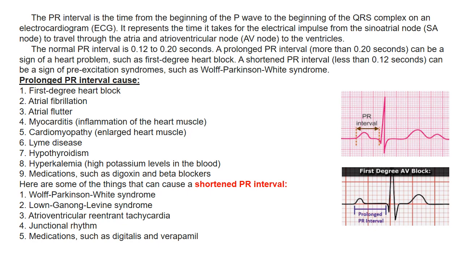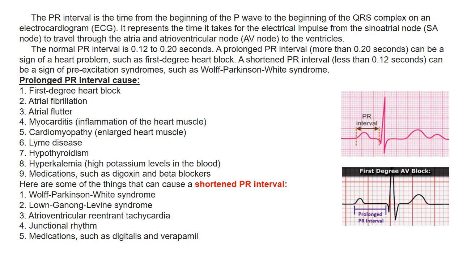Cardiomyopathy, enlarged heart muscle. 6. Lyme disease. 7. Hypothyroidism. 8. Hyperkalemia, high potassium levels in the blood. 9. Medications, such as digoxin and beta blockers.